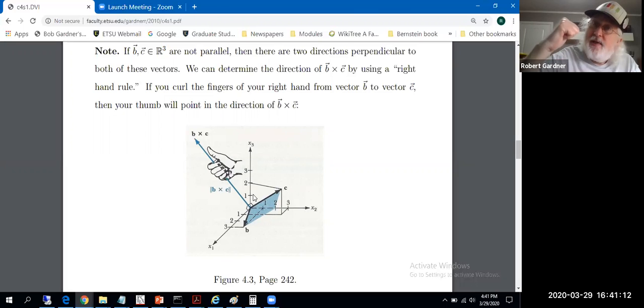Your thumb will indicate the direction in which the screw will move if you turn the screwdriver according to the right-hand rule. If you're putting it into the wall, grab the screwdriver, rotate it this way, and that'll take the screw into the wall, unless you found some perverse left-handed screws. They're out there. But primarily screws are right-hand rule screws.